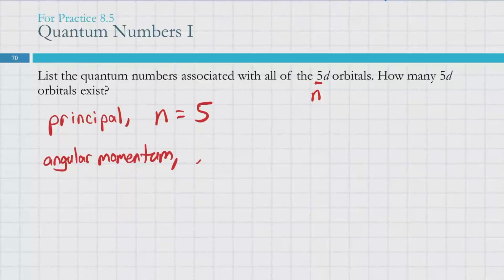L. And d corresponds to a specific value of L. What's the smallest value of L that we can have? 0 is the smallest number that we can have, and it goes up to n minus 1.